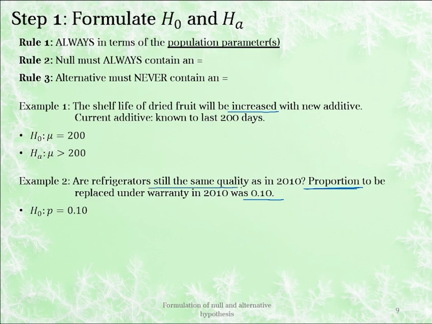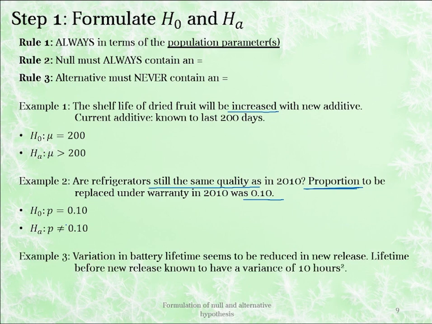So if we're asking if they're the same quality or if it's changed, it means that it could be that less are being replaced under warranty, or that more are being replaced. So this one is actually asking us, is the proportion different from what it was before? And that's why we're putting a not equal to. And you can see no equal in the alternative, it's a not equal.